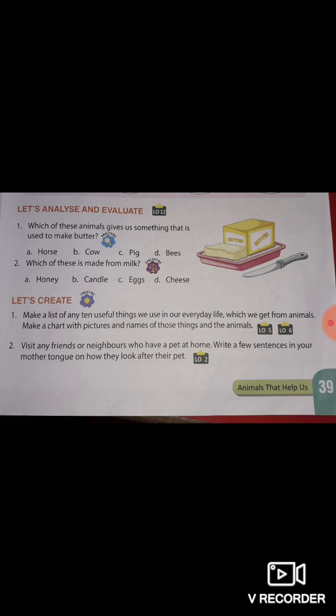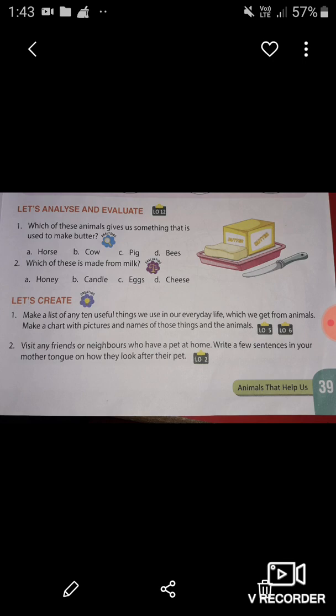So students, you know very well, we make butter from milk, and we get milk from which animal? Let's read the options. Horse, cow, pig, bees. So students, option number B, that is cow, is the correct option. We make butter from the cow's milk.